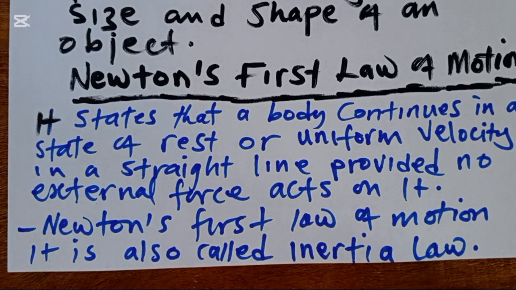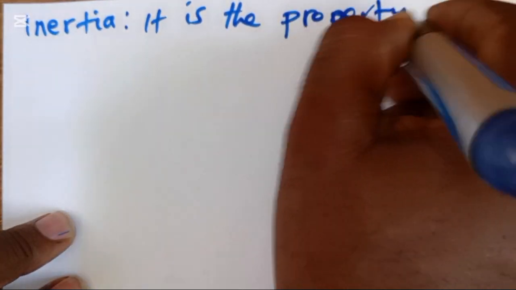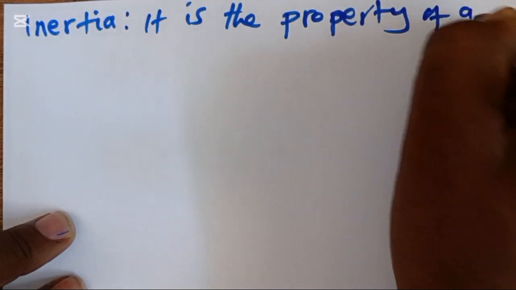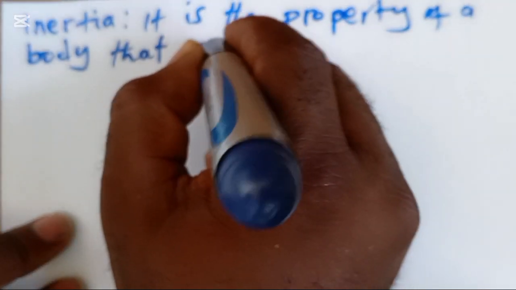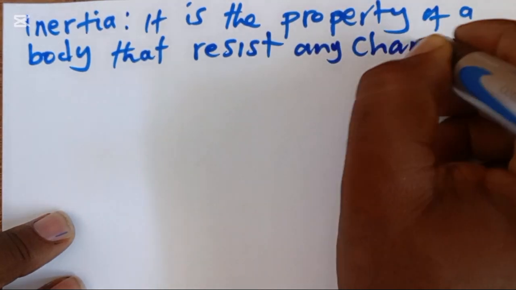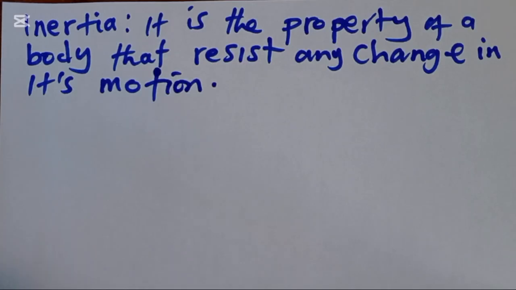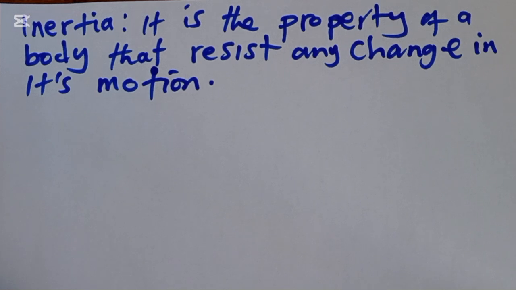So let's look at inertia. What is inertia? Inertia is simply the property or tendency of a body or an object that resists any change in its motion.